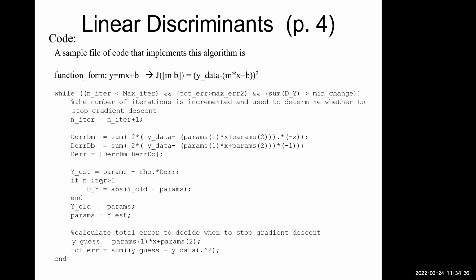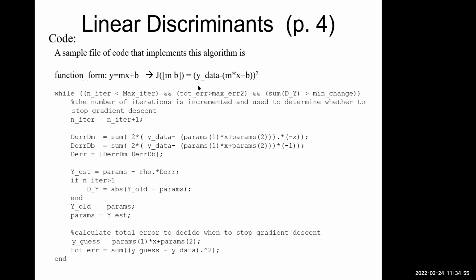If it's the first time through, we just repeat what we have. Otherwise, we're going to keep track of how much we changed. For the first time, there is no previous change. Keep track of our old parameters, update our estimate of our new parameters, figure out how much total error we have. So what's our guess and what's our total error?